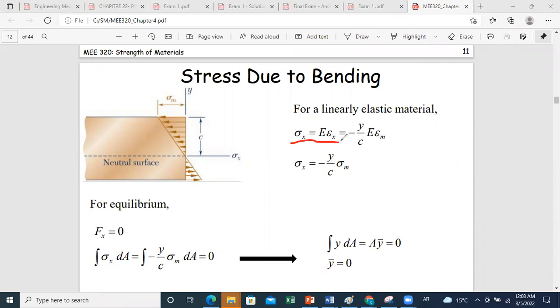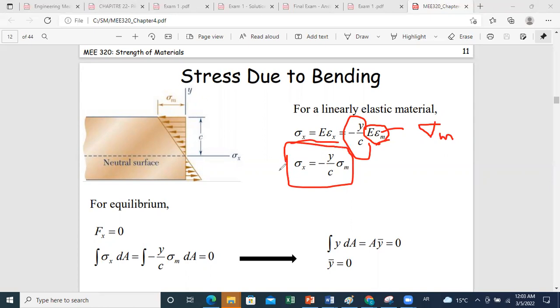And then if you replace the strain by its expression, which is minus y over c times epsilon m, and you know that epsilon m times the modulus of elasticity is sigma maximum, then you will get that your normal stress variation with respect to y is linear.